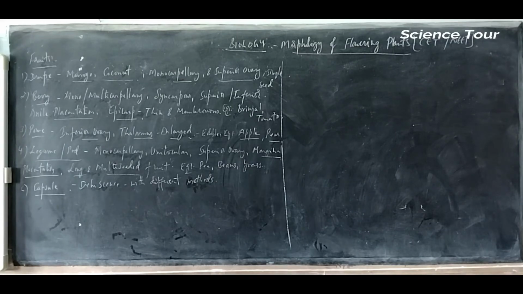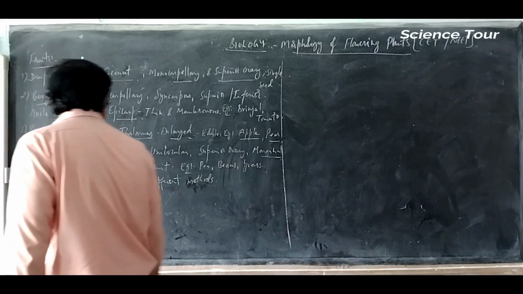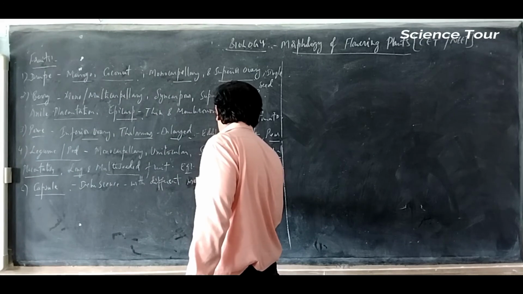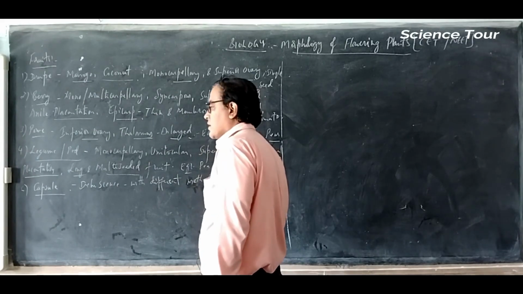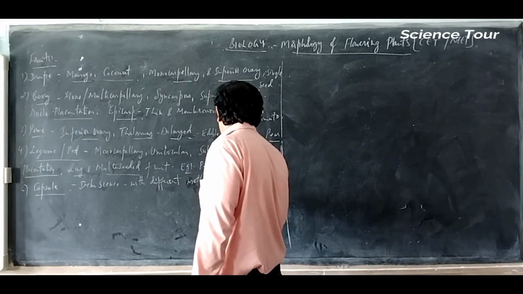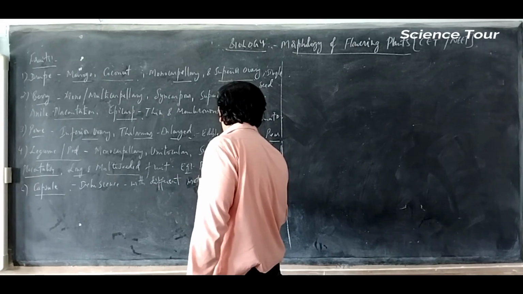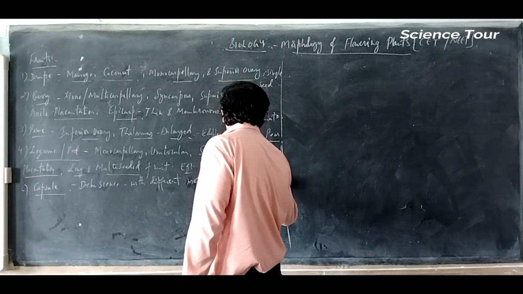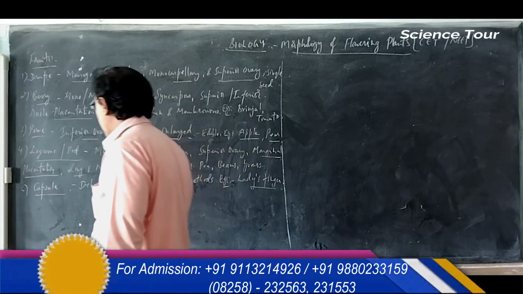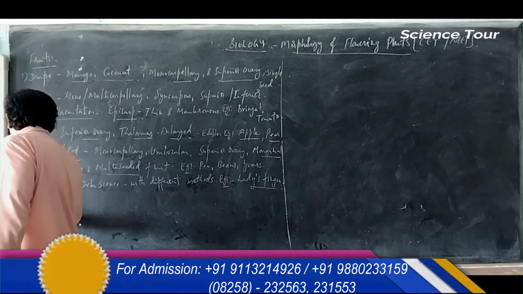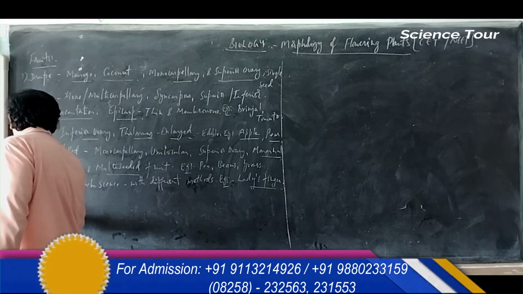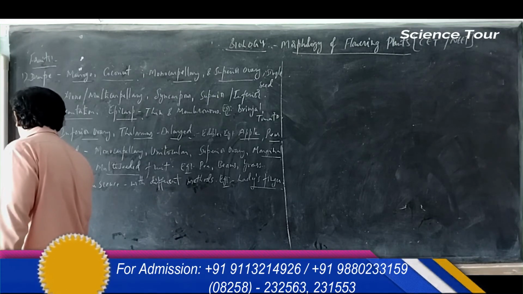So what are the examples? Lady's finger, datura. Examples: Abelmoschus esculentus, that is lady's finger. Then comes datura. Datura is a weed, unwanted plant, stink weed, with a stinky smell.